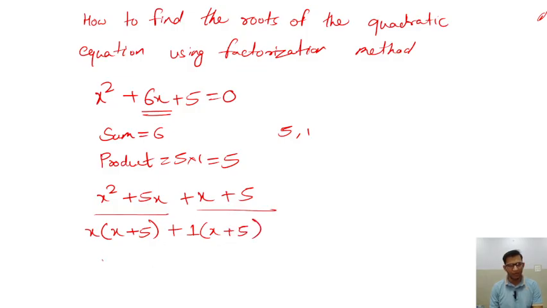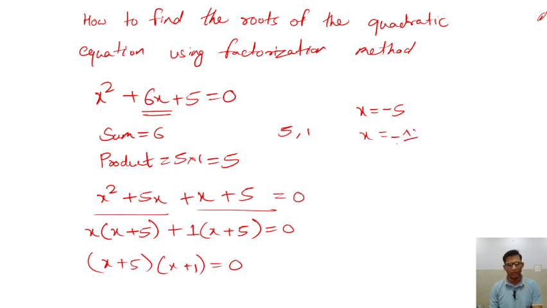So if I take x plus 5 common now, I'll get x plus 1 as another factor, and this is obviously equal to 0. So you'll get two different factors. Now if you have to find the roots, put each factor equal to 0. So x equal to minus 5 is one root, and x equal to minus 1 is another. Okay. So that's the solution.